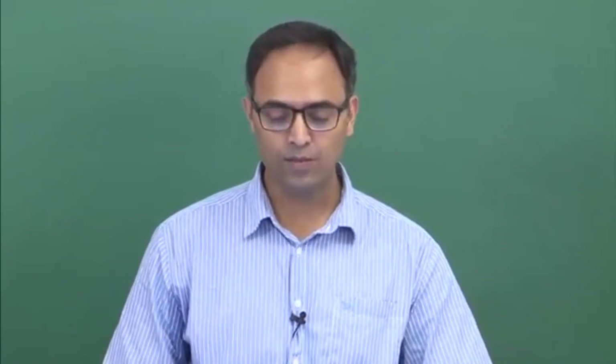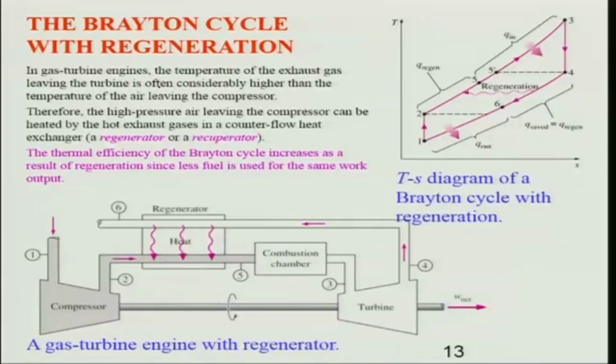In many systems, the temperature of the exhaust gas is often considerably higher than the temperature of the air leaving the compressor. So this is the case where we can make use of regeneration, when you have the temperature of the exhaust gas higher than the air leaving the compressor, which is going to be 2.